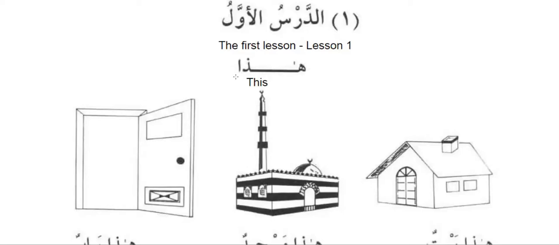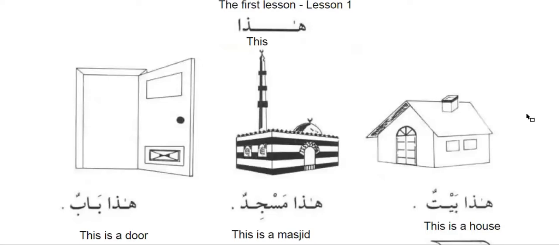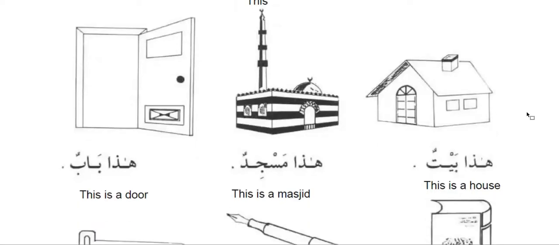So if you wanted to point to something, to indicate something, and that thing is near, you use the demonstrative pronoun hadha, this. So here in this page we have quite a few examples of objects and ismul ishara hadha, indicating them, or the demonstrative pronoun this, pointing towards them.